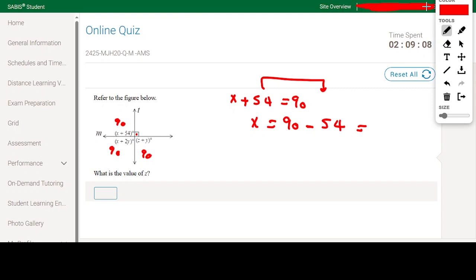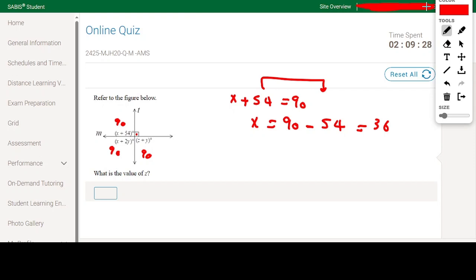So this one will be equal to 36. So x here will be equal to 36.